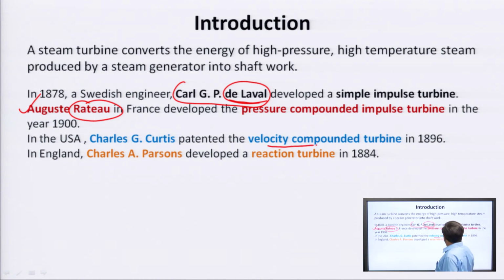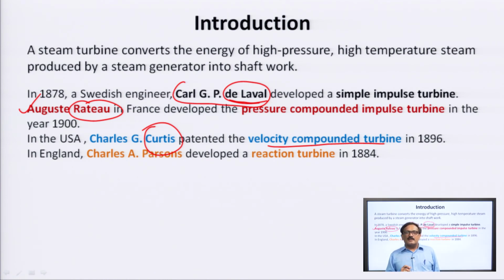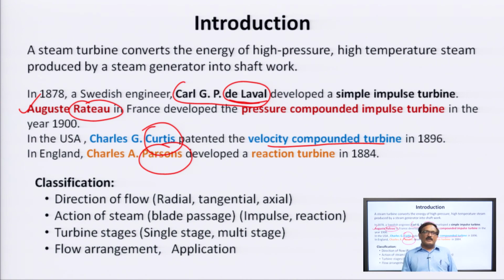The velocity compounded turbine is known as the Curtis wheel, after Charles G. Curtis, and the reaction turbine is the Parsons reaction turbine, after its inventor Charles A. Parsons.